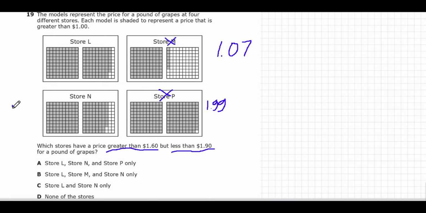Store N represents $1.78, and Store L represents $1.88, which are greater than $1.60, but less than $1.90. Hence, C is the correct answer.